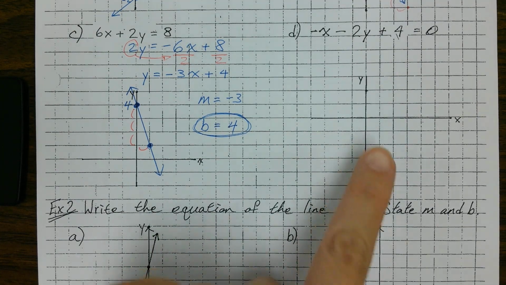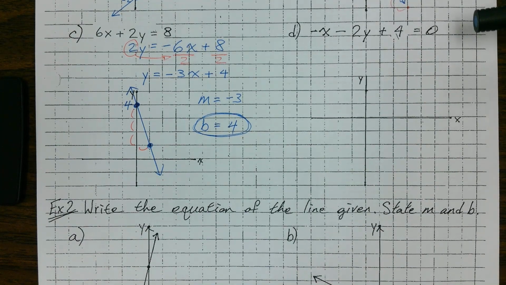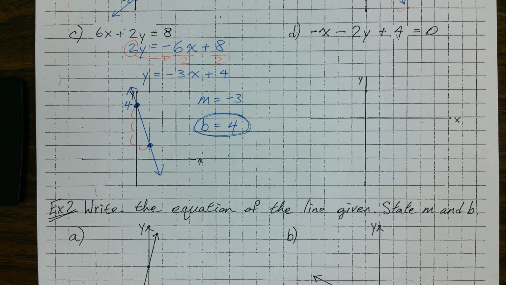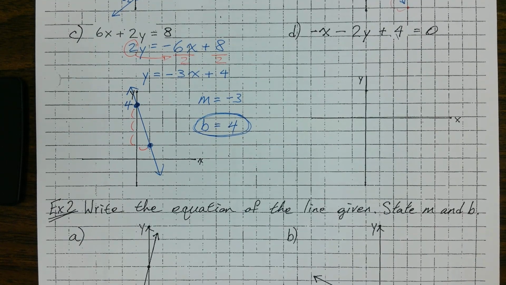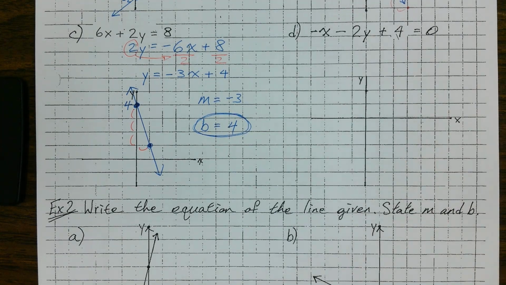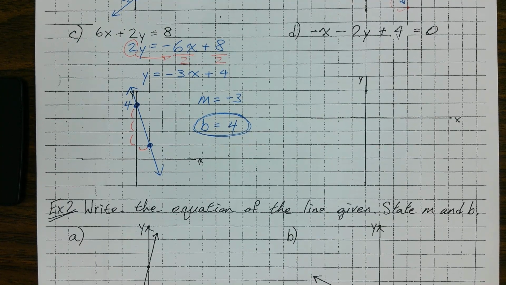Okay, so everyone is trying D. Try to rearrange it, state your m and b, and then graph the line.